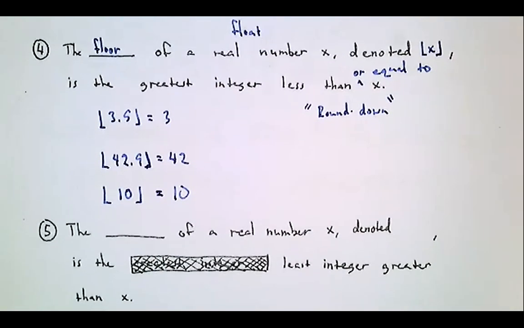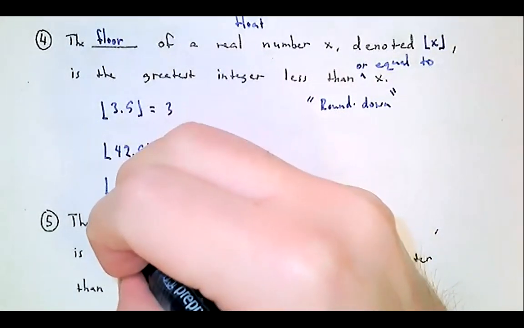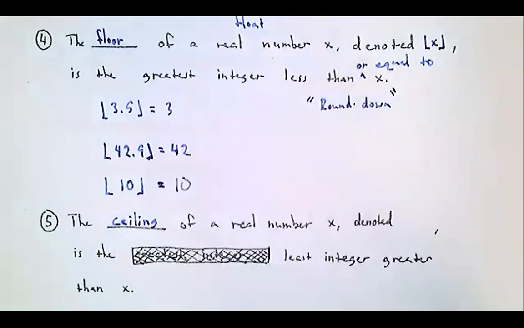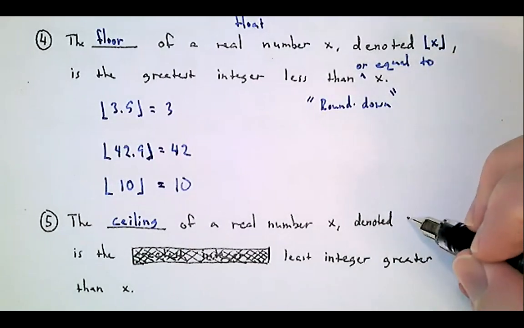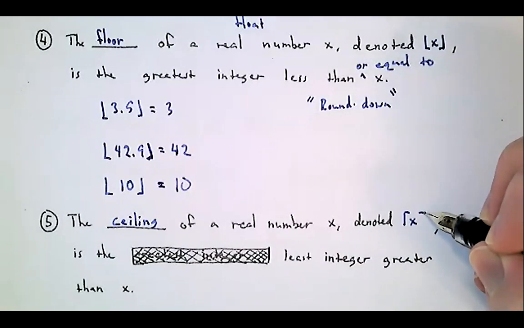And the next function that we're going to meet is called the ceiling. It's quite similar to the floor, except instead of rounding downwards, you're always going to be rounding upwards. And it also has a similar notation.